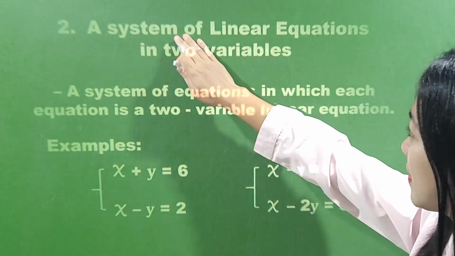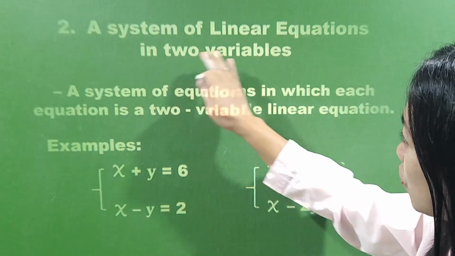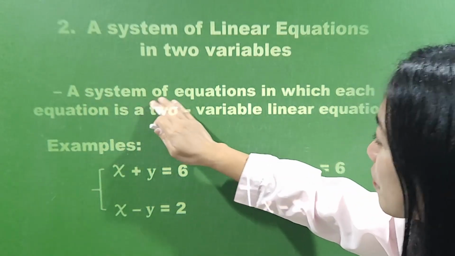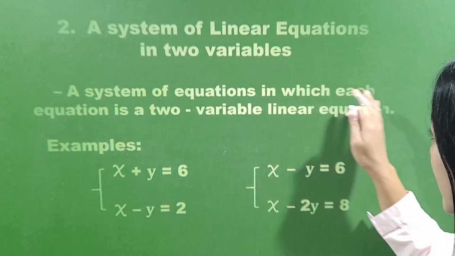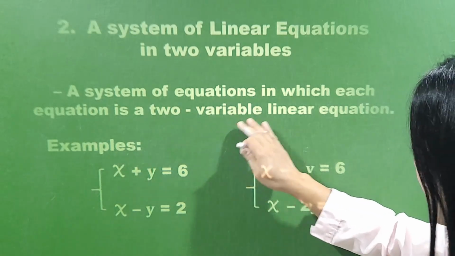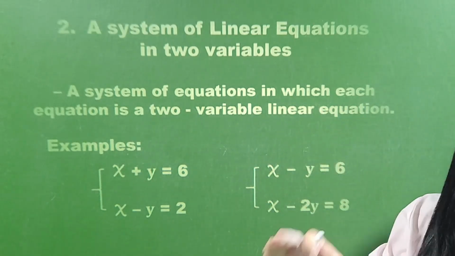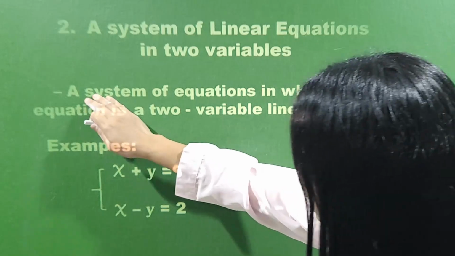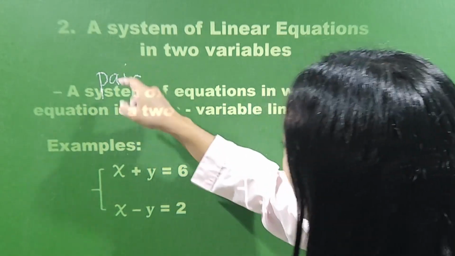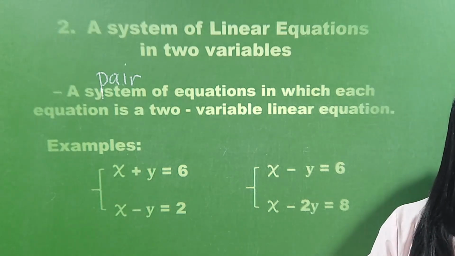It refers to a system of equations in which each equation is a two-variable linear equation. Again, system of equations, or we can say pair of equations.